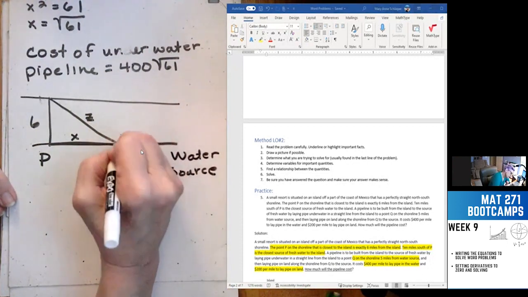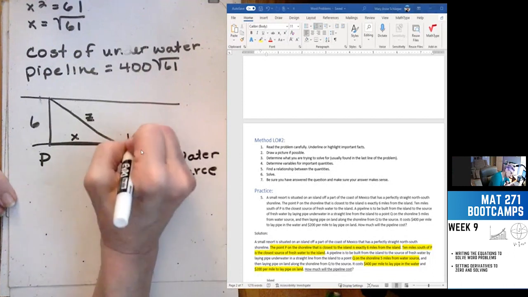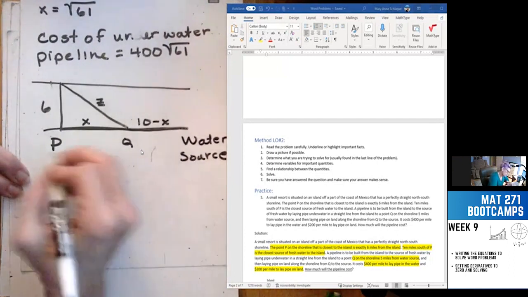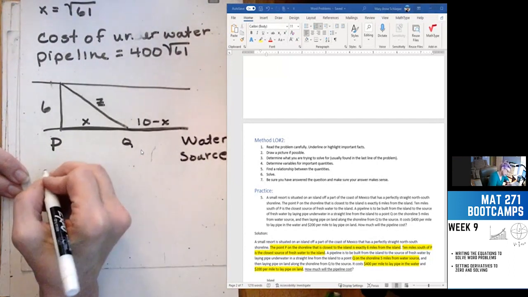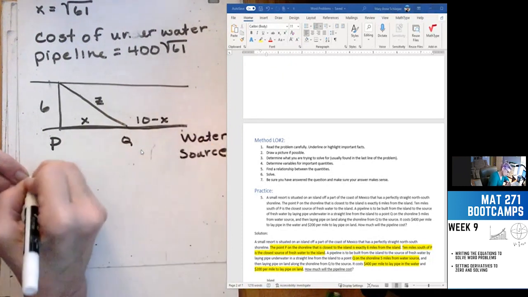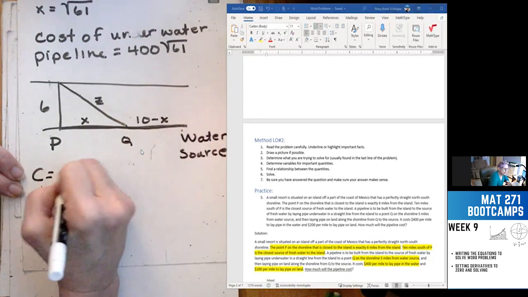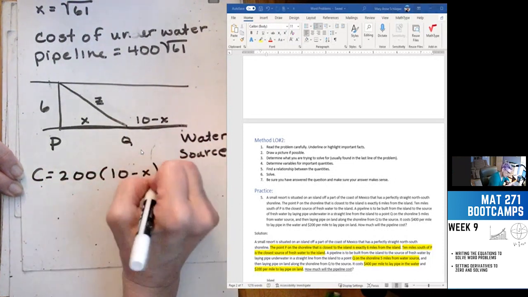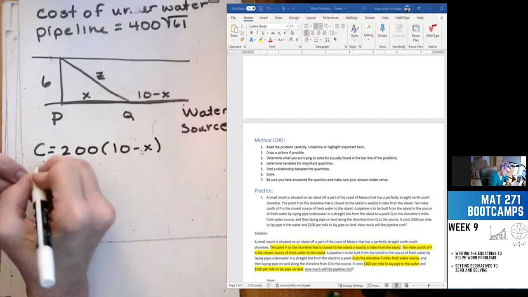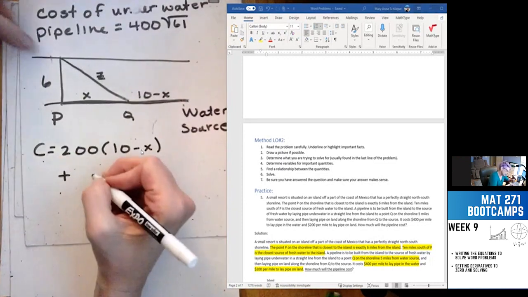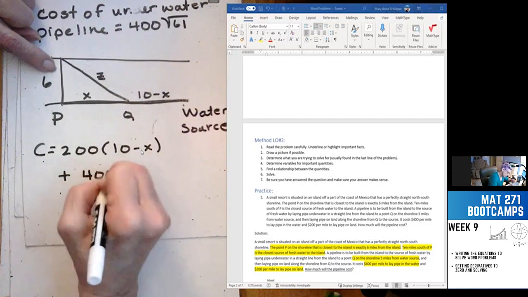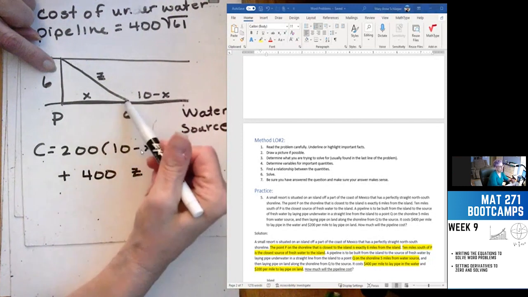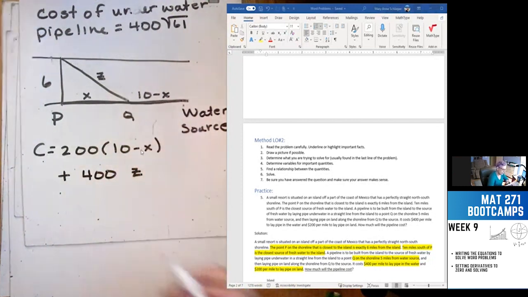And then this length will be 10 minus X. So then the cost of the land pipe would be $200 times 10 minus X. And then the cost of the underwater pipe would be $400 times Z, and you would need to make a function for Z in terms of X.